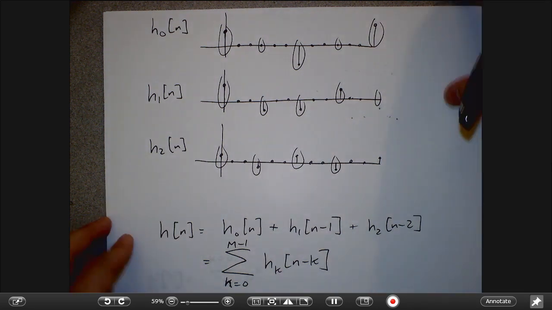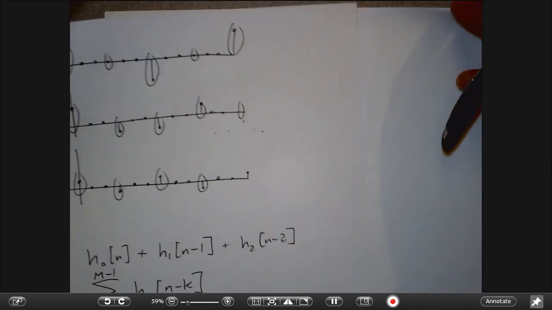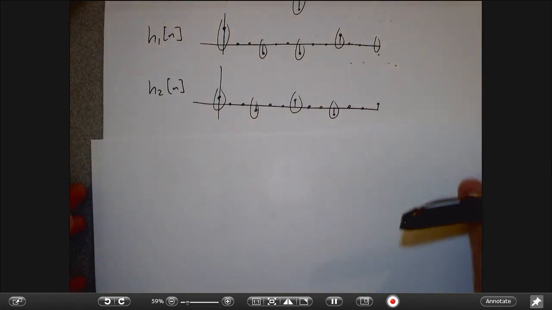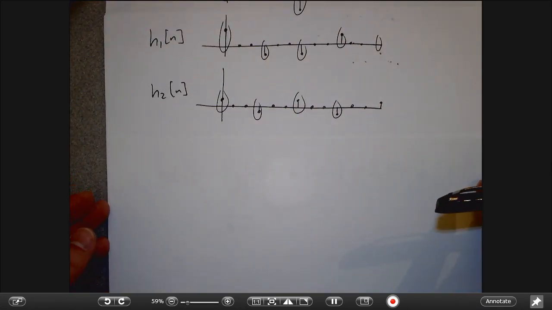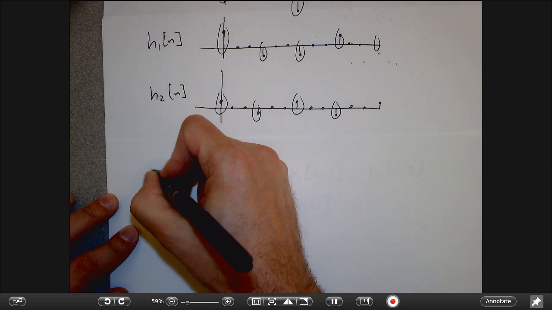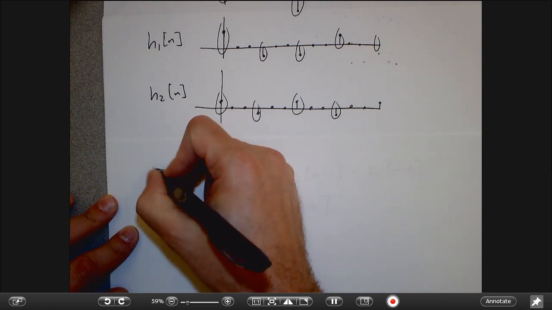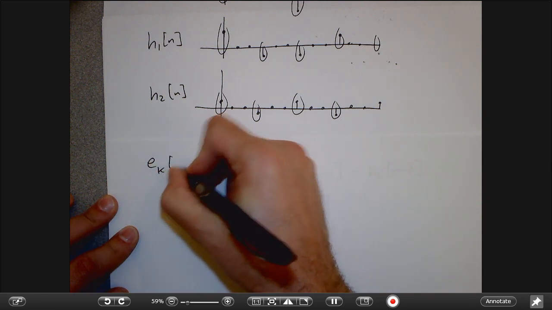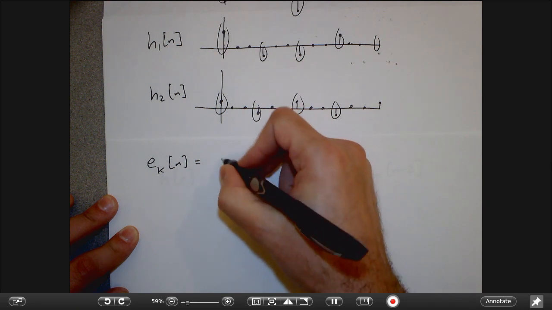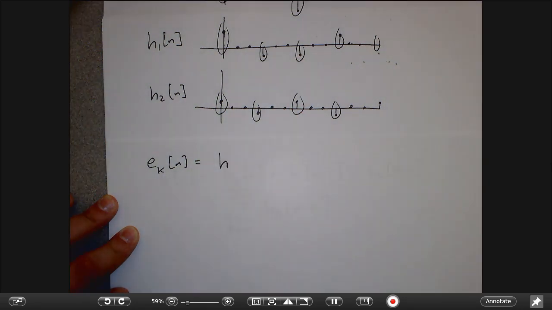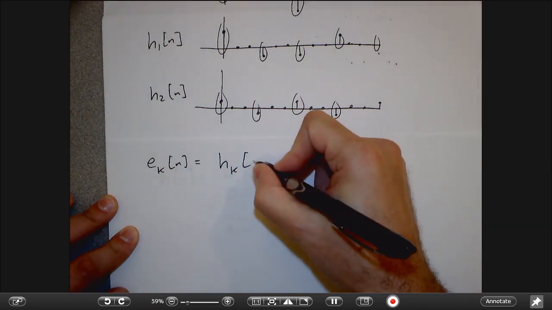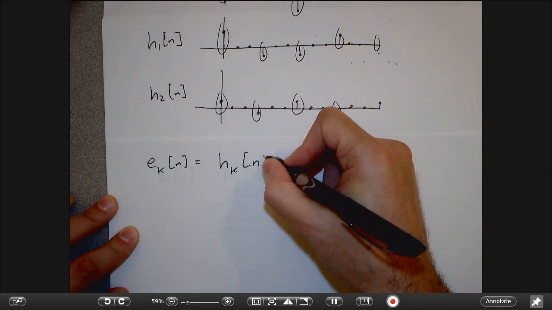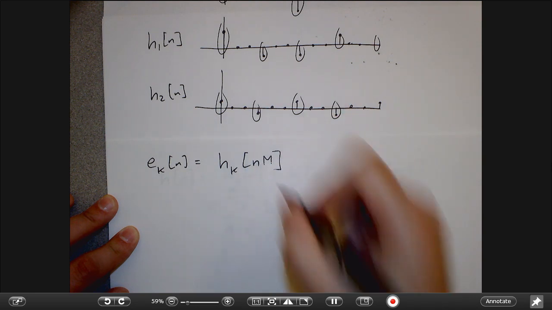So I can relate these h's to what I'm going to call e's. My e's are basically just what I get by downsampling my h, taking every m units, right?